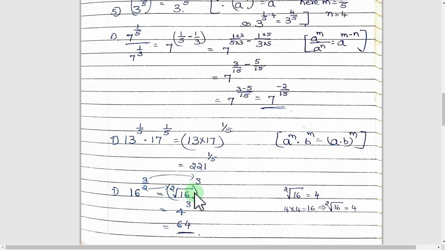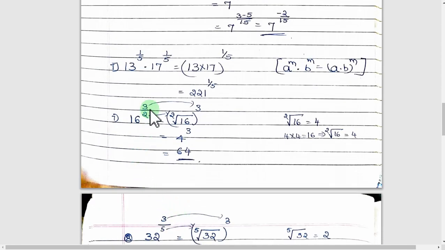So the square root of 16 is 4, and 4 to the power of 3 means 4 multiplied 3 times: 4 into 4 into 4 is 64. So this you have to remember.